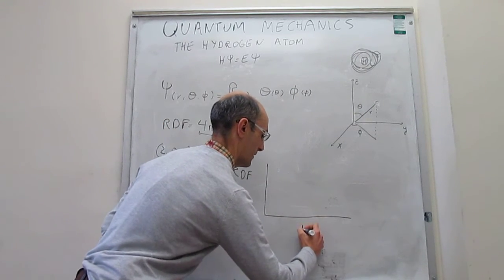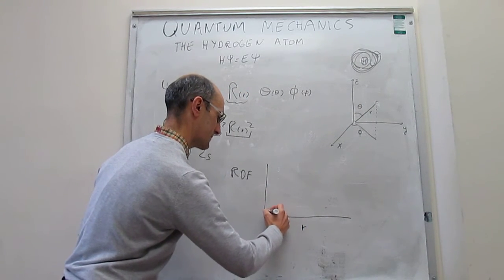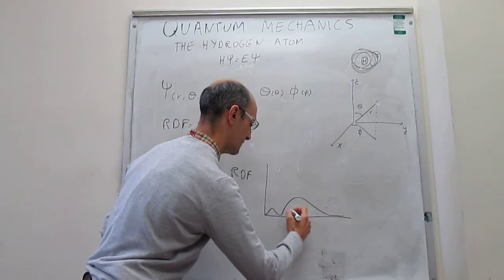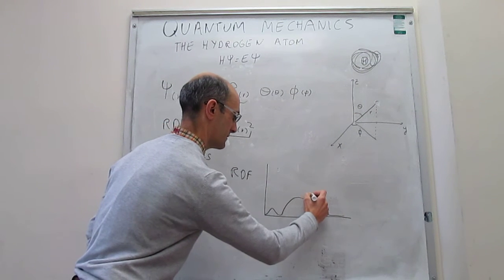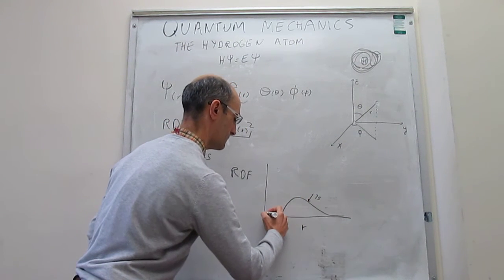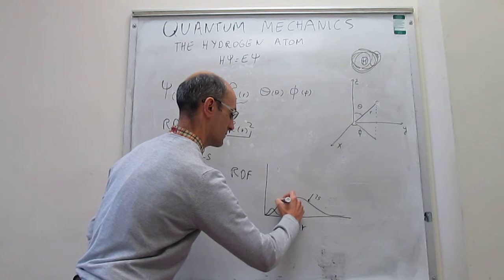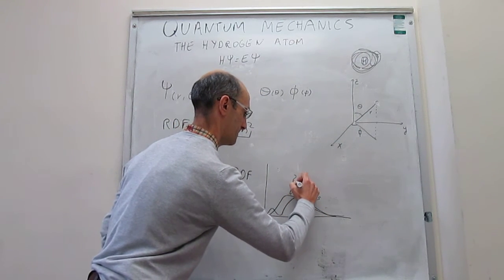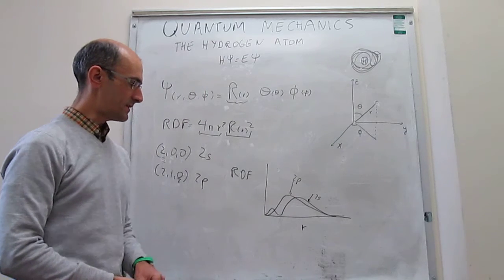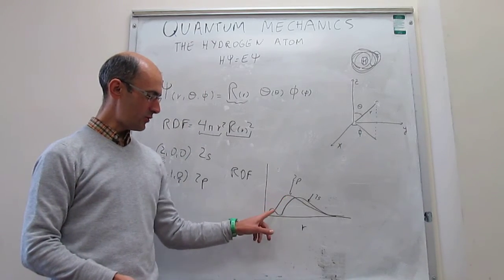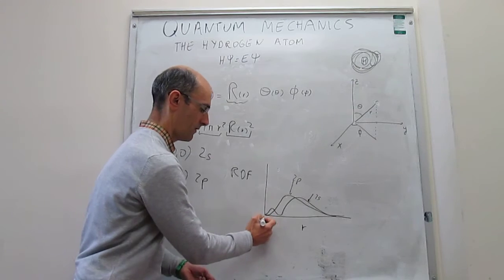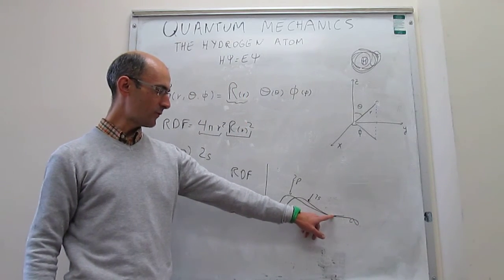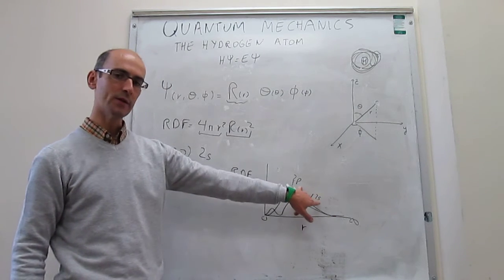We know that the 2s radial distribution function looks something like this, and the 2p is going to look like this. That is the 2s, and the 2p is going to look like that. The difference is that the 2p has no nodes between 0 and infinity. But the extension of the wave function is about the same for the 2s and the 2p.